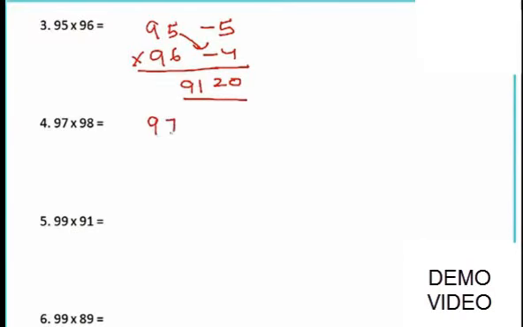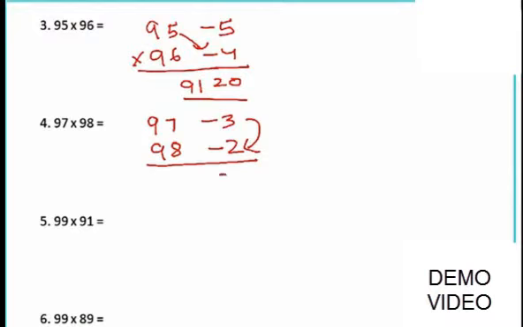Similarly, 97 into 98. It is minus 3 from 100 and it is minus 2 from 100. Now 3 2s are 6. But as we have already discussed, from this multiplication we have to fill up 2 digits since we are taking the base as 100 and there are 2 zeros in 100.